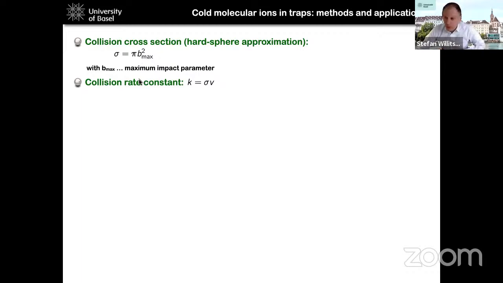What one often measures in an experiment is actually a rate constant, how fast the process happens, at which rate the process happens. This rate constant can be expressed as sigma, the cross section, times the relative velocity. So these are important quantities that become relevant in experiments.